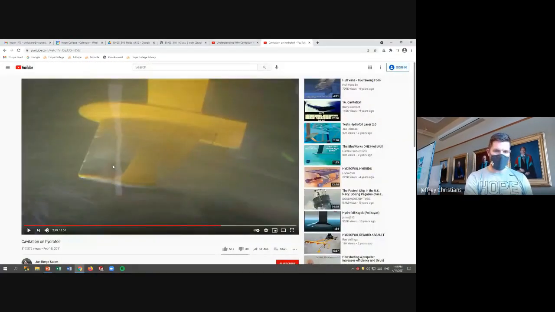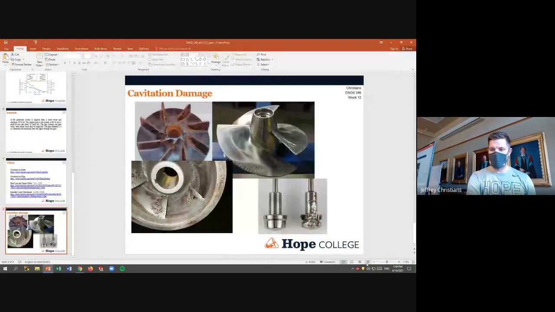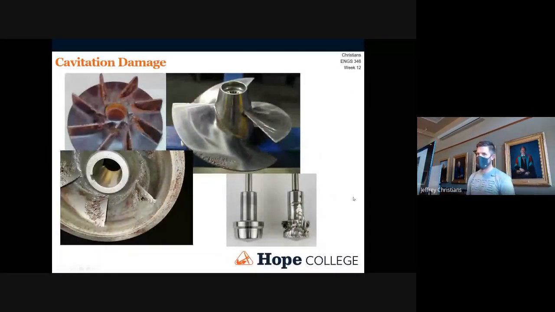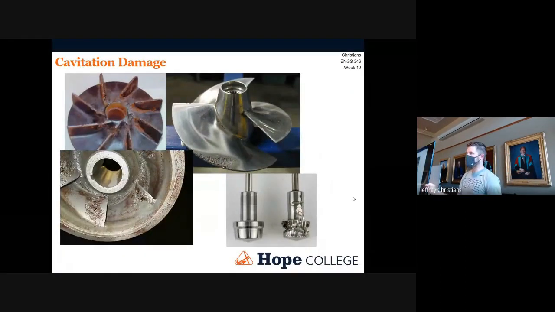But the other thing that it can do, it can be very damaging to equipment. These are a couple of propellers and things that have experienced cavitation, and then a valve stem down here at the bottom left. Basically what happens, when these bubbles collapse again, they shoot out little water jets that can, especially on metal surfaces that really have no give, chew them up.